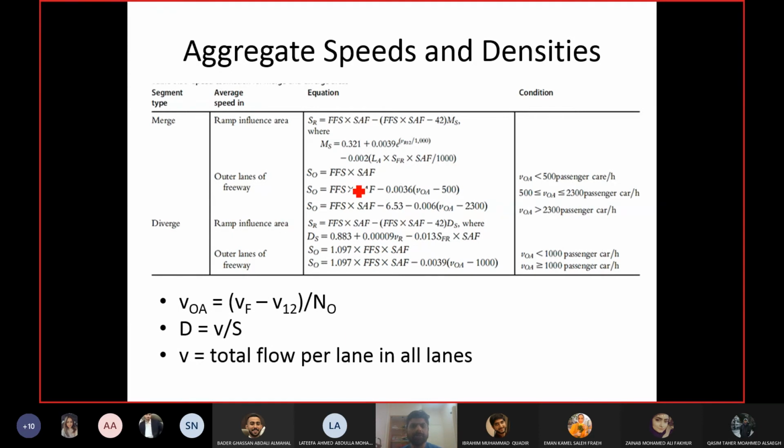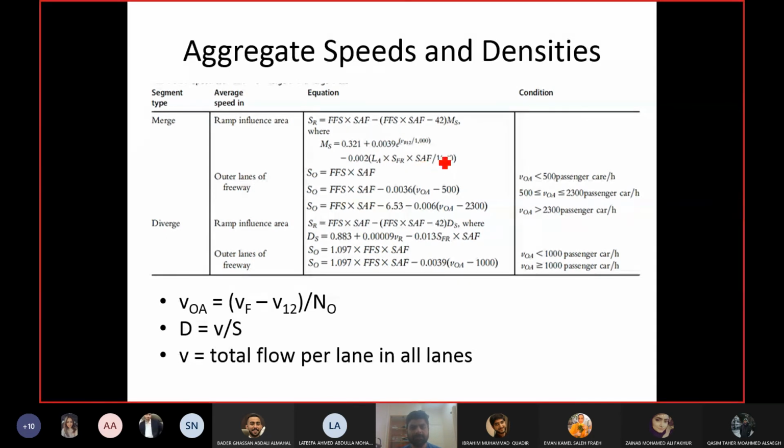FFS, free flow speed, right? MS is calculated here. SAF is speed adjustment factor. So again, you go back to the discussion of basic freeway segment, and you can find out the speed adjustment factors.